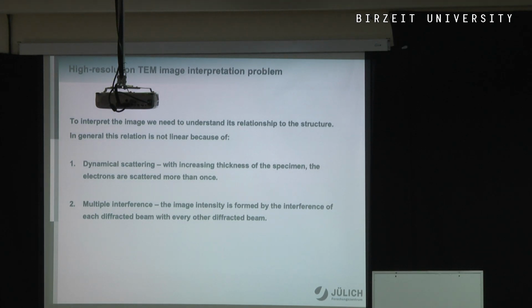And the images are complicated because those interference patterns are sensitive to how you align your electron microscope, even what defocus you set your imaging lens to. And they're also sensitive to how thick your sample is and exactly what the orientation of your sample is relative to your incident electron beam.